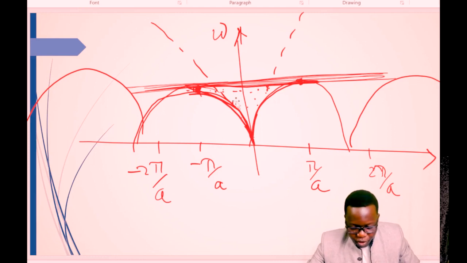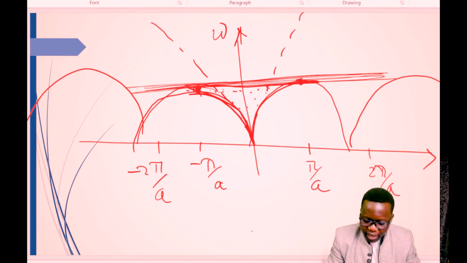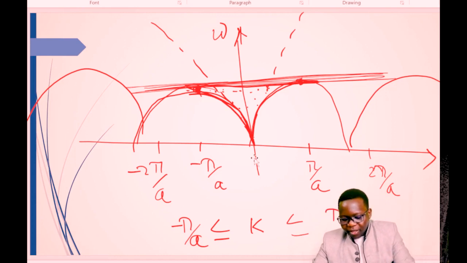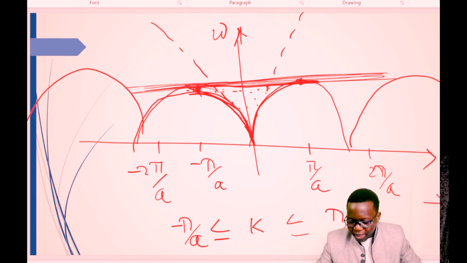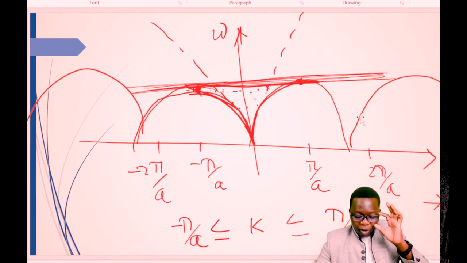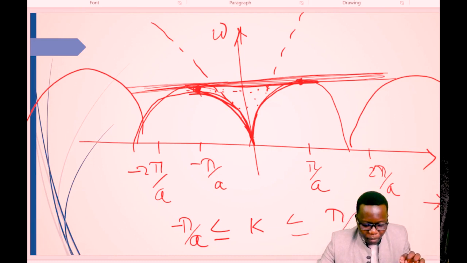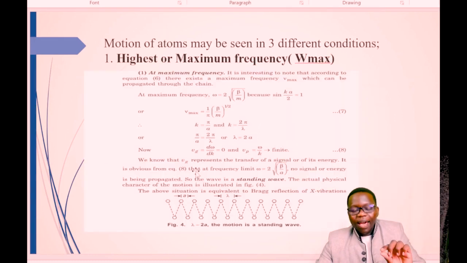So let's look at the characteristics. We set that our k value must be from minus pi over a to positive pi over a. That must be the value of k, the constant of propagation. Now, what would the wave look like if it is moving at the highest frequency possible?